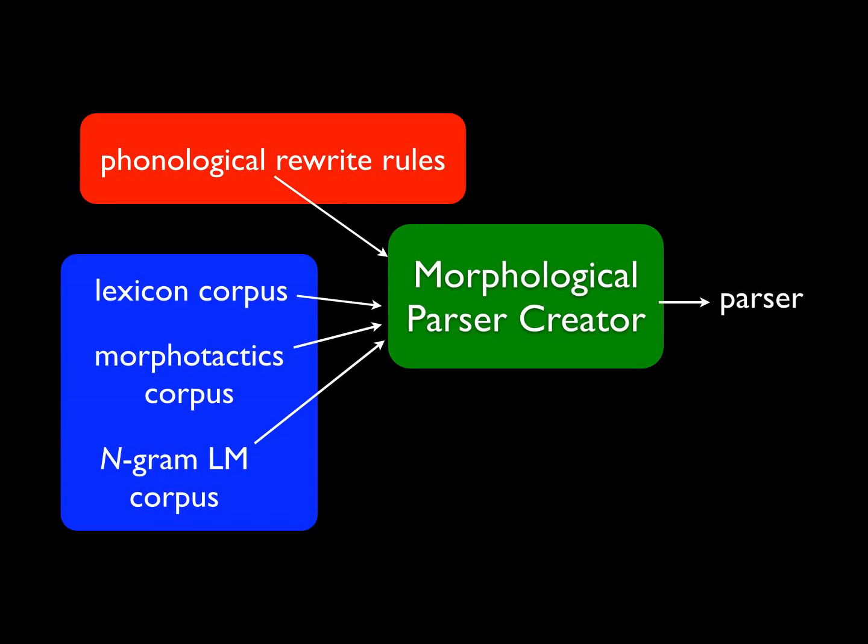The fact that the parser creator is incorporated into collaborative fieldwork software such as LingSync makes it easier to build and assemble the required corpora. And the parser creator itself helps with writing the phonological rewrite rules by automating the task of evaluating phonologies against specified test sets.